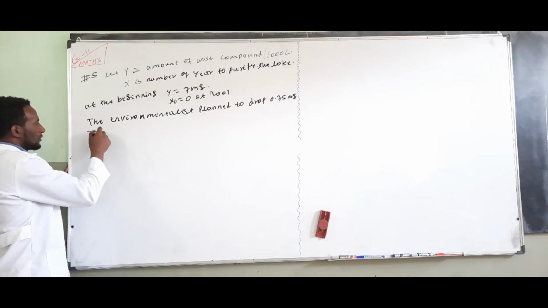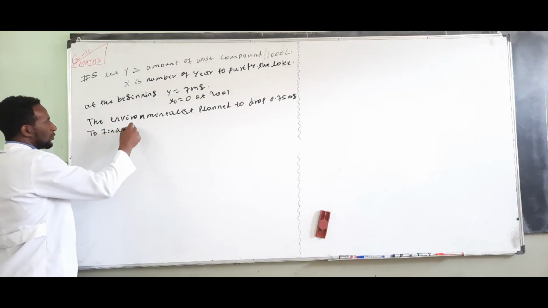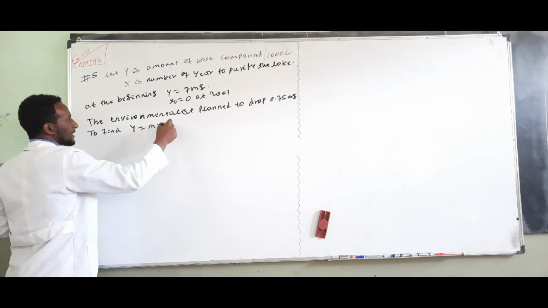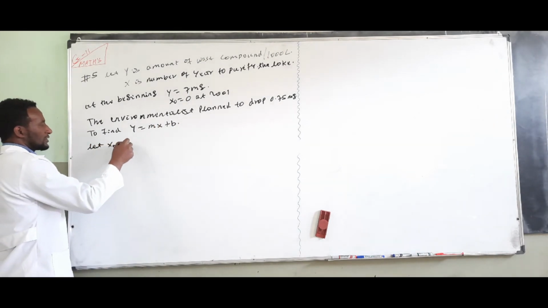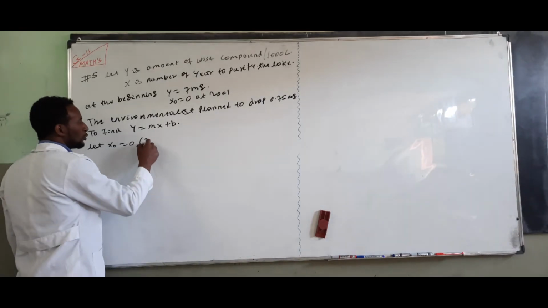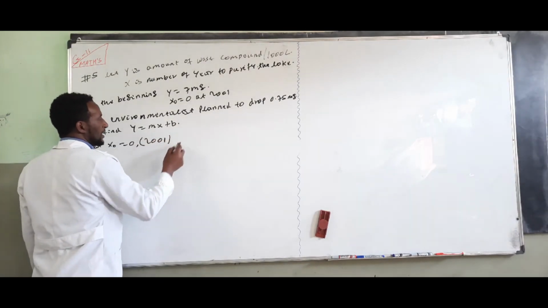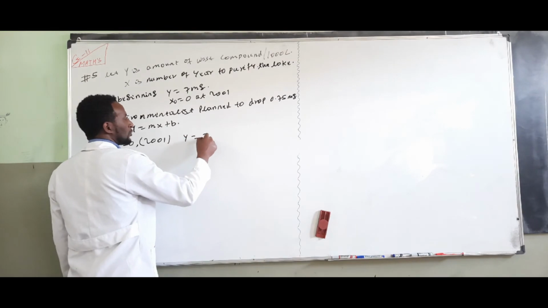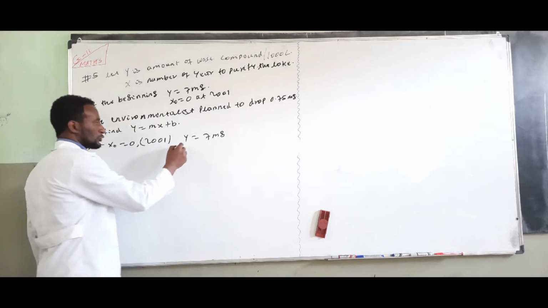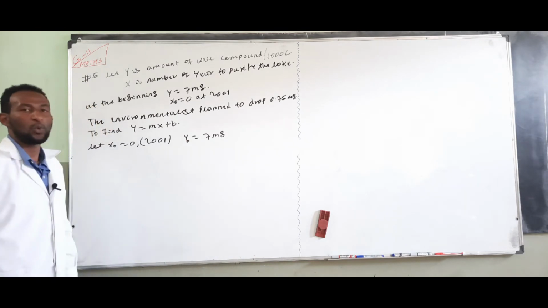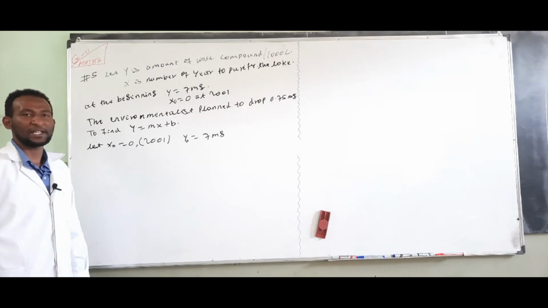Then to find y is equal to mx plus b, let us take x naught is equal to 0. In 2001, y naught is 7 milligram per 1000 liter.